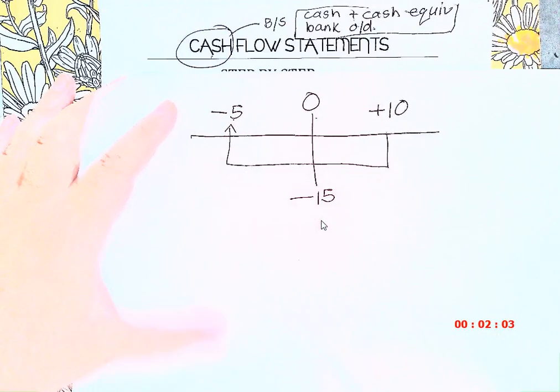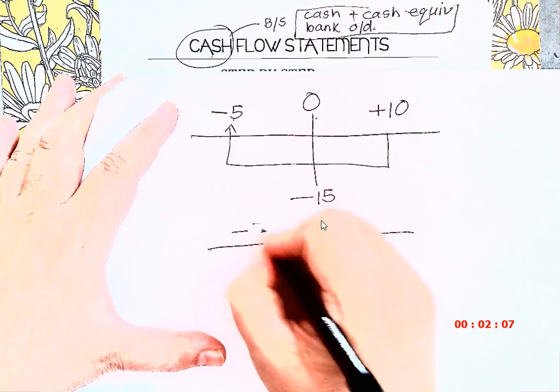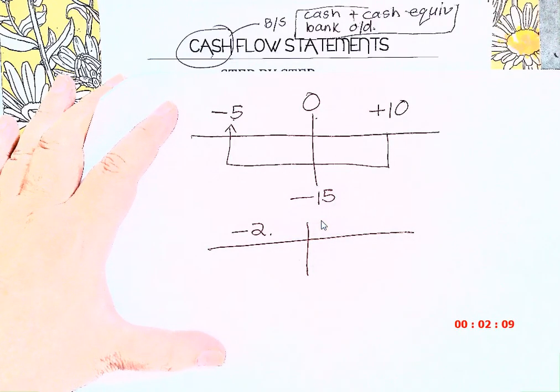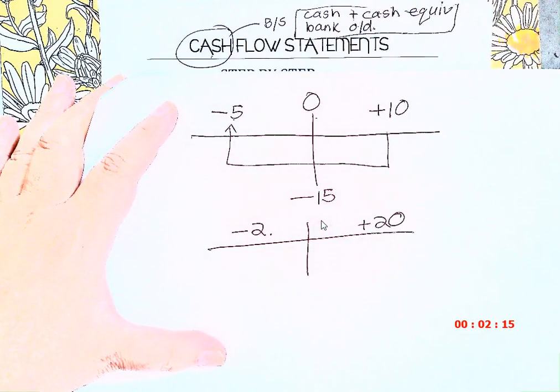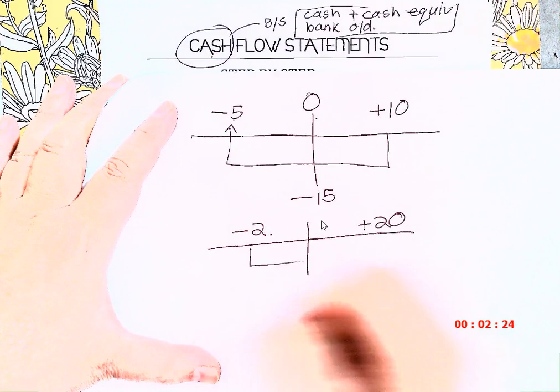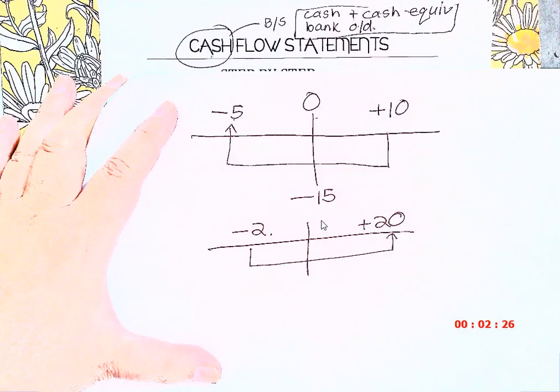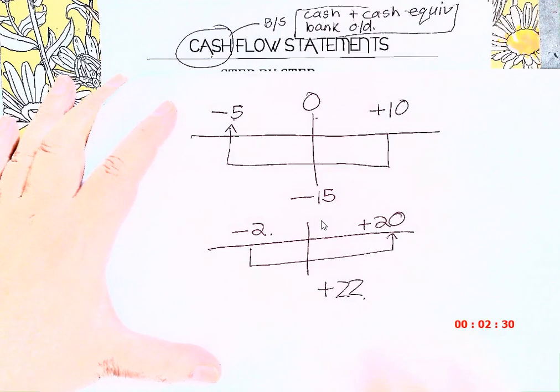Okay, let's do another one. Let's say, beginning of the year, I had an overdraft of minus 2. End of the year, I had a current account of plus 20. Do I have a net inflow or outflow of cash? Inflow of cash. Can you see how much came into the bank? 22 Rand. Let's quickly talk.